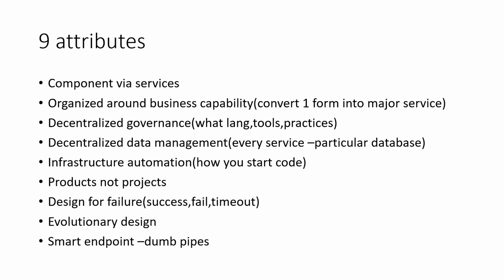We came up with decentralized data management. Every service will have its own database: validation will have a different database, processing will have a different database, and payment will have a different database. So we don't have to go to the other databases, or wait that long to look for some data.